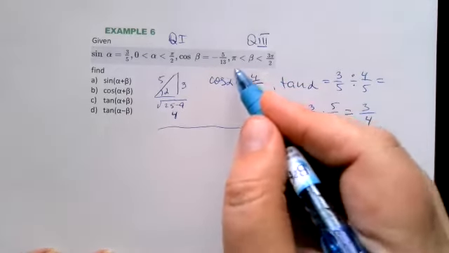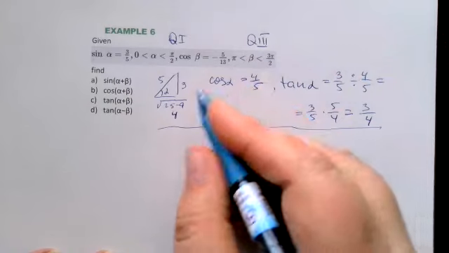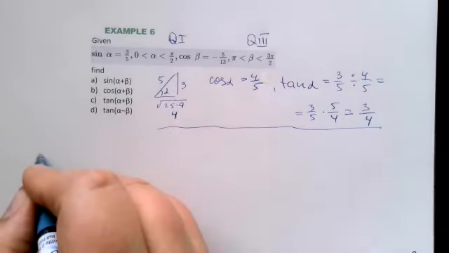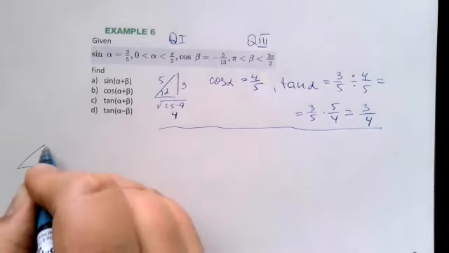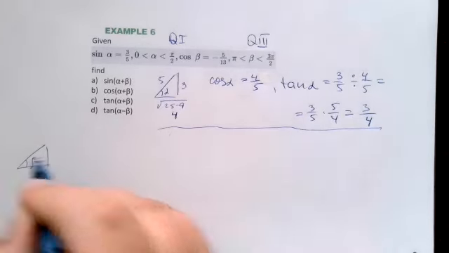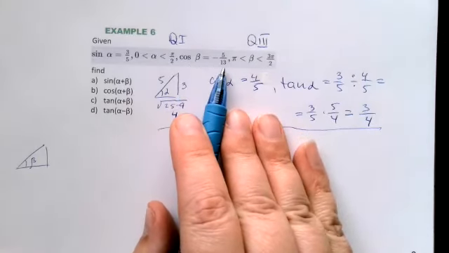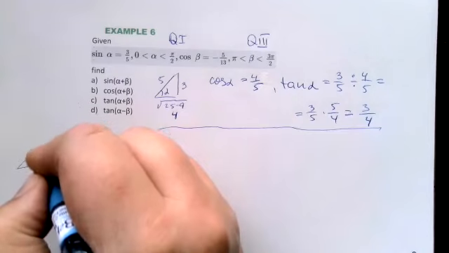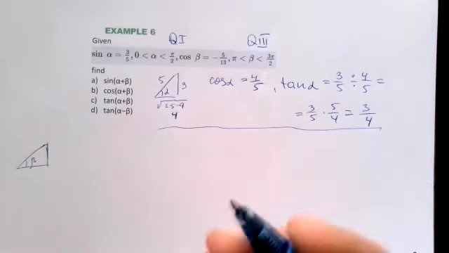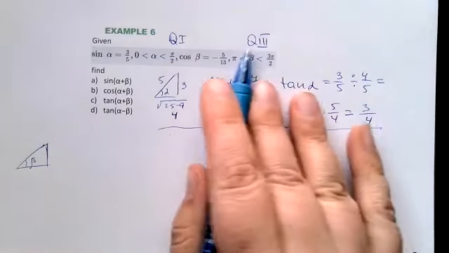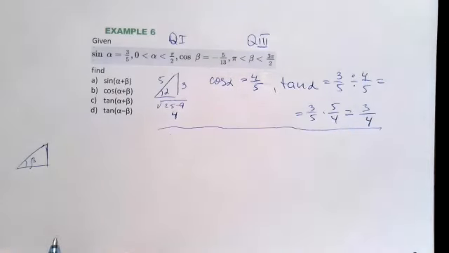And we're also going to do the same thing for beta. So for beta, what we know is that its cosine is -5/13. So in the triangle, if we take it out of context, out of the unit circle, we're going to use all positive values, but then we're going to put it in the context of quadrant 3 later.